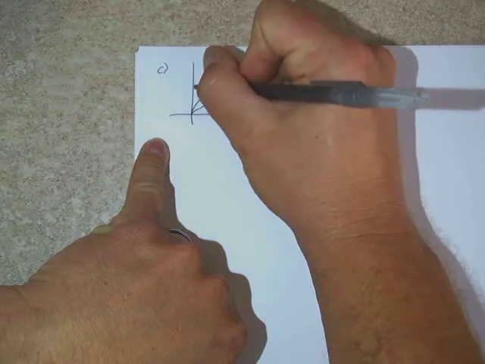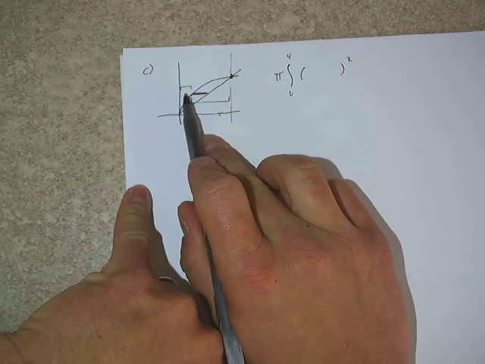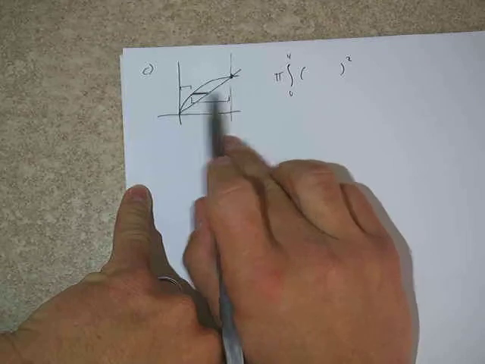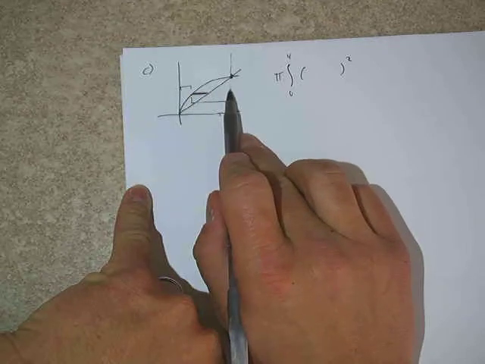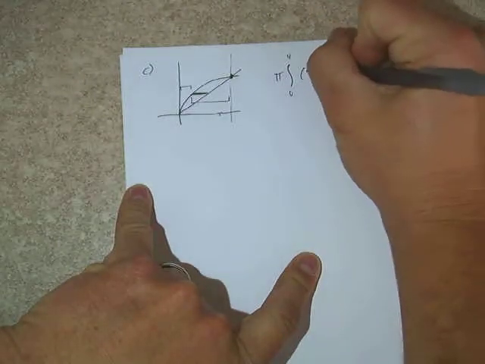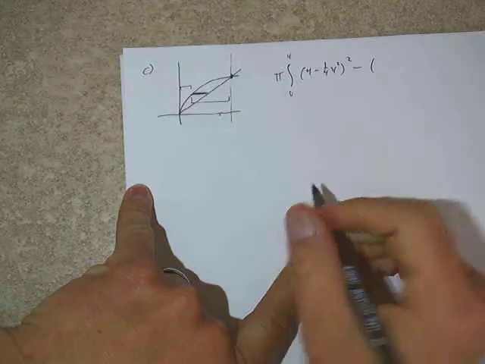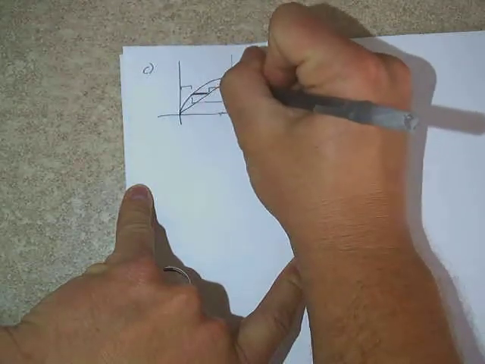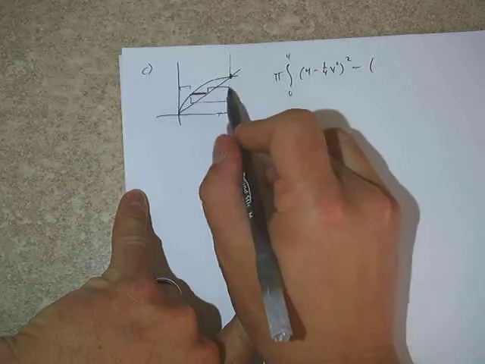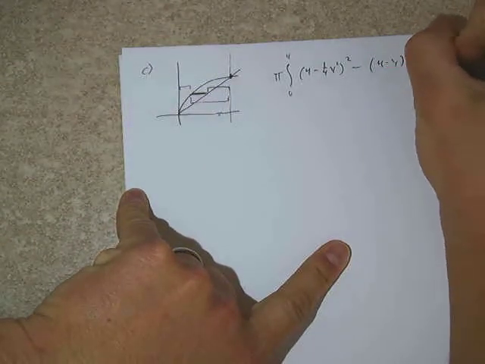Alright, so in terms of the washers here, the distance here is what we need for the outside radius. So how far is it from this point right here to this point right here? Well, we just said a few minutes ago that this distance was a quarter y squared. True? And so if this is a quarter y squared, how far is it to get to here? It'd be 4 minus a quarter y squared.